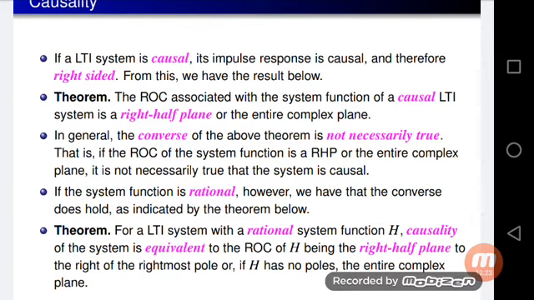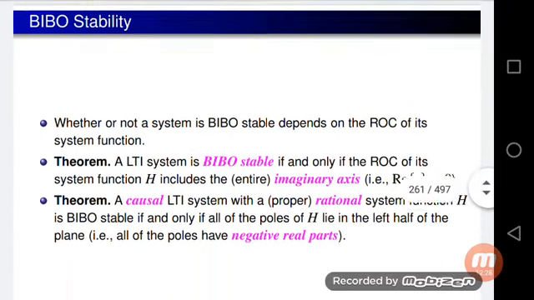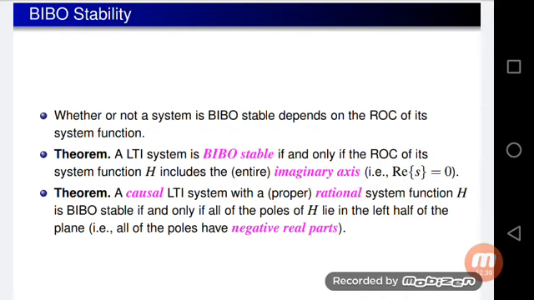Now we are entering another one: BIBO stability, bounded input, bounded output. Whether or not a system is BIBO stable depends on the ROC of its system function. An LTI system is BIBO stable if and only if the ROC of its system function H includes the entire imaginary axis.